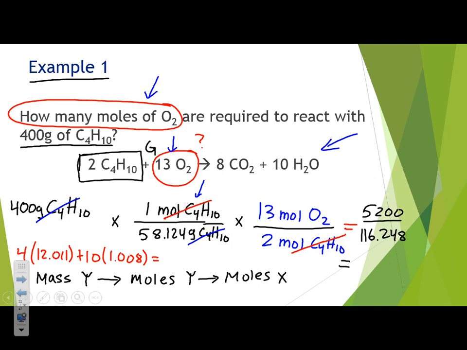This gives us our final answer of 44.73. Now again, we need to look at significant figures. We started with 400 grams, which only has one significant figure. So our answer should also have only one significant figure, meaning it should be rounded to 40 moles of oxygen gas.